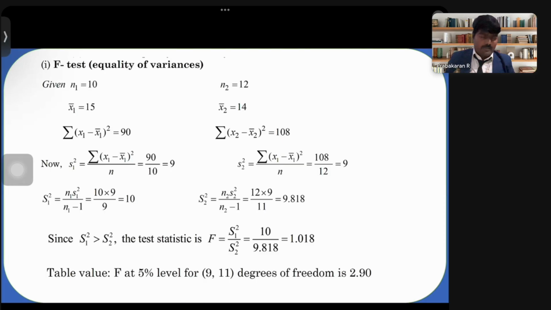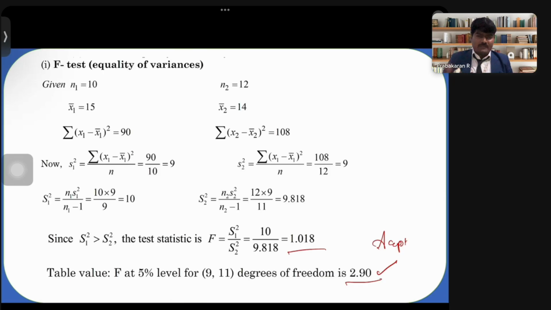We checked the table and got 2.910. Comparing these two, the table value is greater, so we accept H0. That concludes there is no significant difference between the two samples with respect to variances, so the two samples come from the same population.